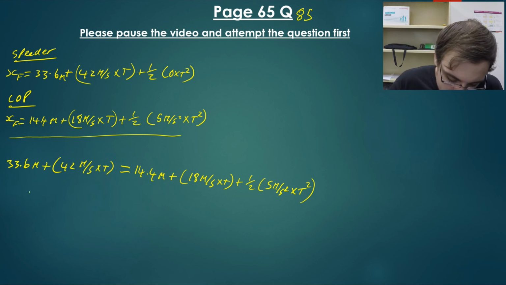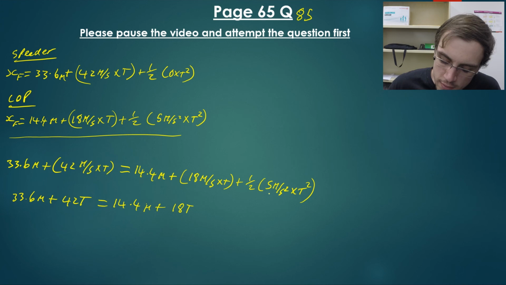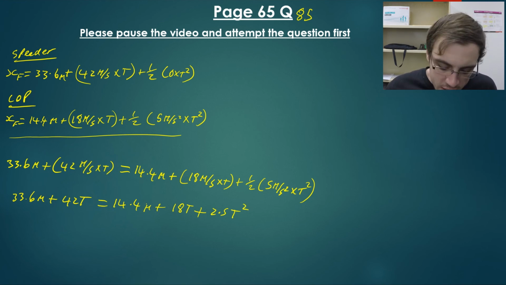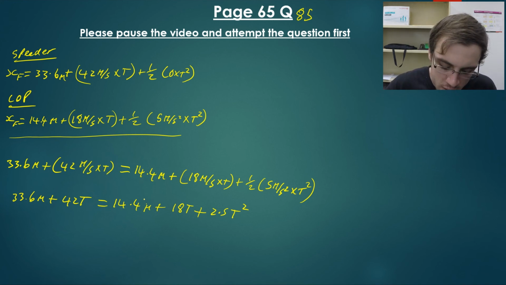So we're going to have 33.6 plus 42t is going to equal 14.4 plus 18t plus 1/2 of 5, so half of 5 is 2.5 t squared.